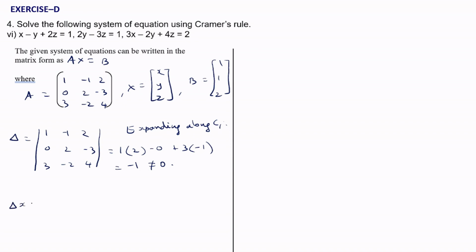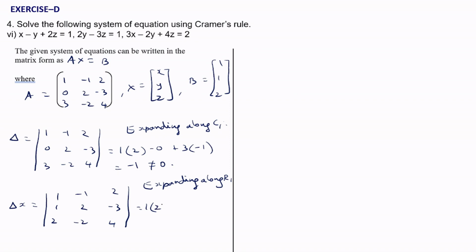Next we have delta x. Delta x is the determinant with the first column replaced with the constants. The other columns will remain the same. So here, expanding along R1, it is 1 minus 8.